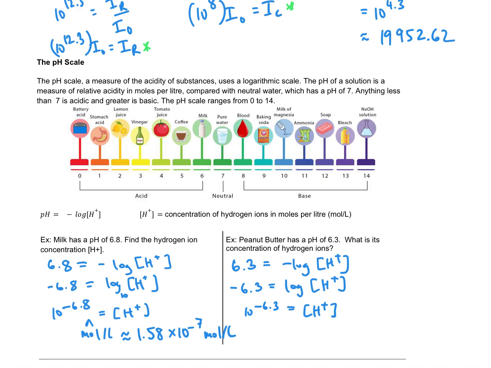Okay, and if you punch this into your calculator, we get approximately 5.01 times 10 to the power of -7 moles per liter. And there we have it, 3 applications related to logarithmic functions.